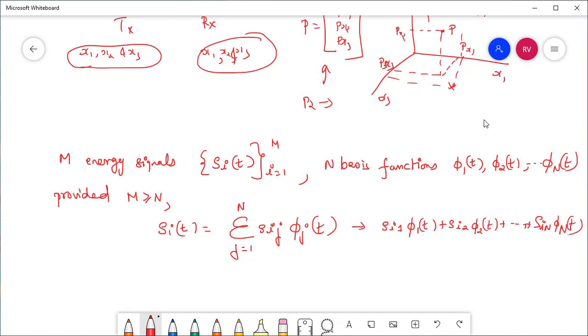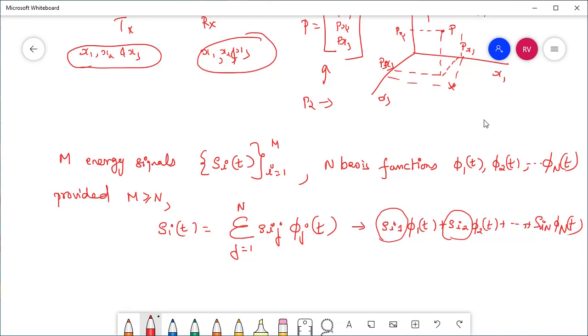So what I am doing here is that I take the contribution of my signal Si in the basis phi 1 and multiply my basis by that value, then take the contribution of my signal Si in the second basis phi 2 and multiply my basis by that, and like that find the contribution of my signal in each of the bases, multiply by the bases and add them together.